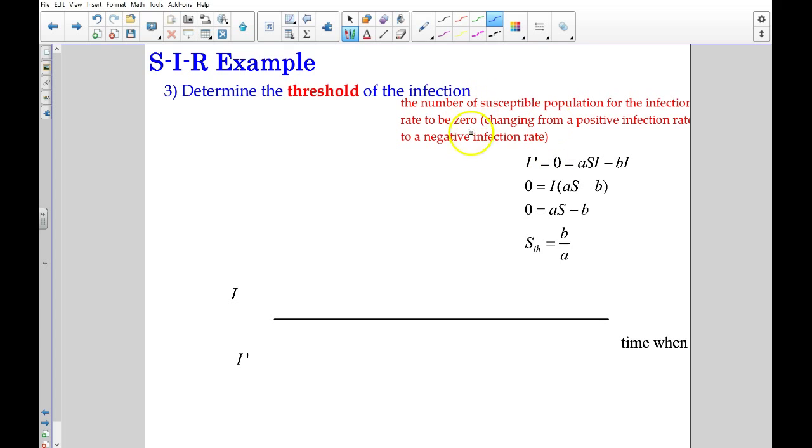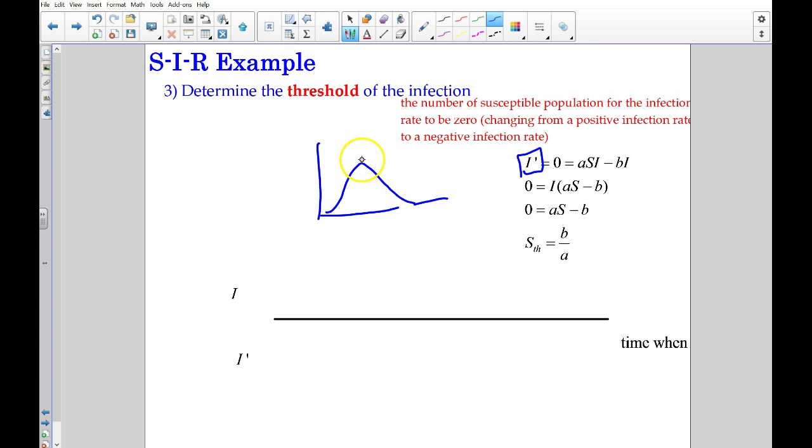So really what we're looking for is when the change in the infected compartment is 0. So again, if we go back to our initial studies of the graphs of S, I, and R, remember I had the graph of the I population, it reached a maximum and then it decreased over time.